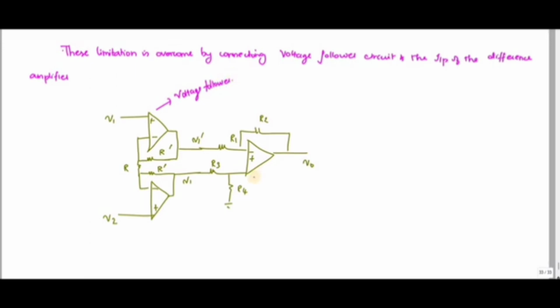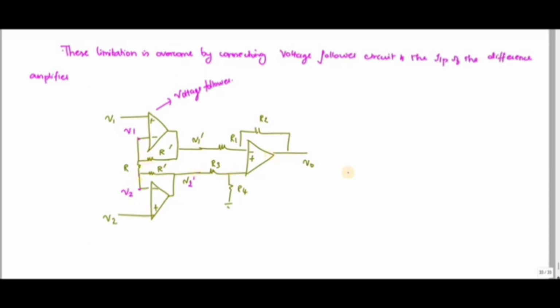Second, so this point is nothing but your V1, right? This point is nothing but V1, and this is also V2, right? So this point is V2.